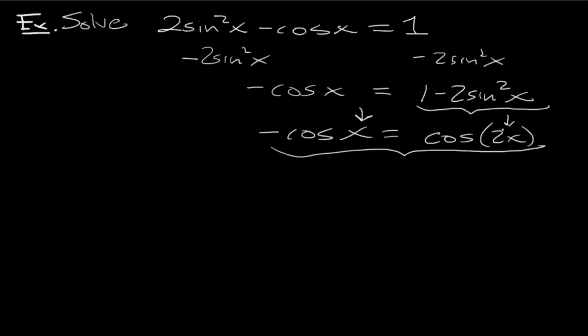You can't combine them together the way they're written. However, there's three versions of the identity for cosine of 2x, and one of them only involves cosine. 2 cosine squared of x minus 1. Okay, so one route of solving this is to use the identities like this.